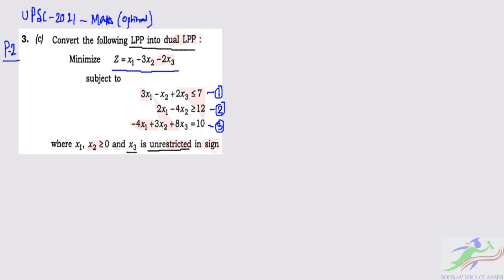So the constraint in equation 1 is of less than or equal to type. And this problem is a minimization, right?